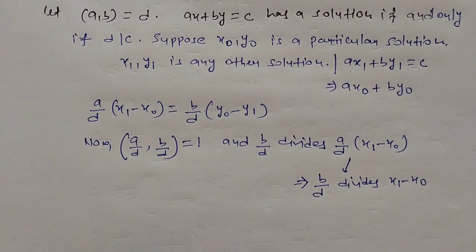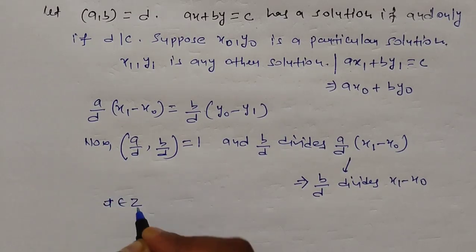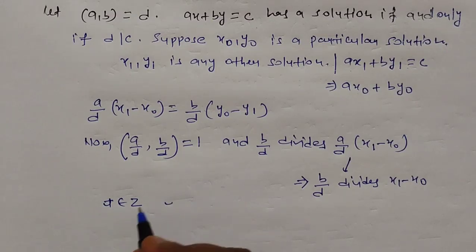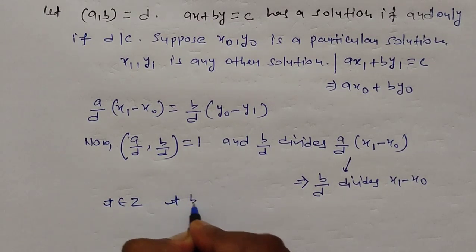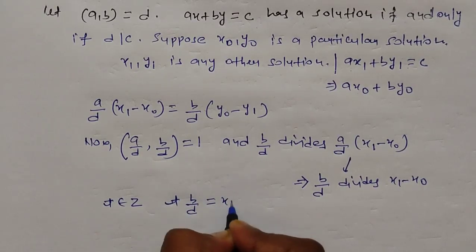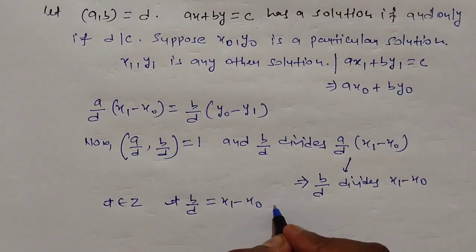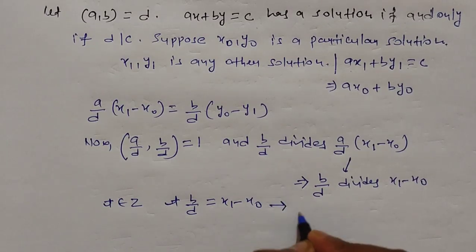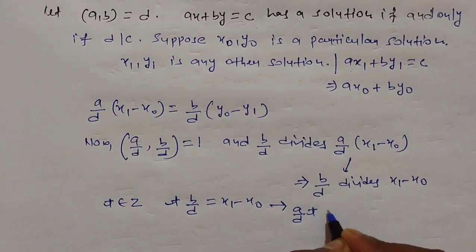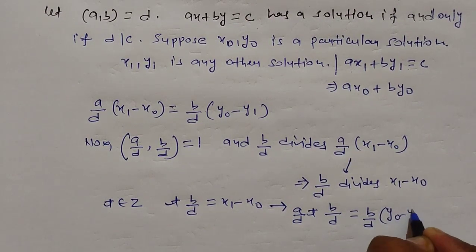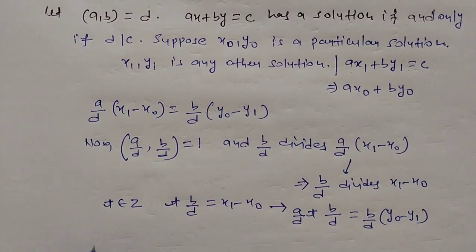So here there will be the existence of t belonging to the integers, such that we can write t times b by d is equal to x1 minus x naught, and this will also give t times a by d, and b by d is equal to b by d into y naught minus y1.